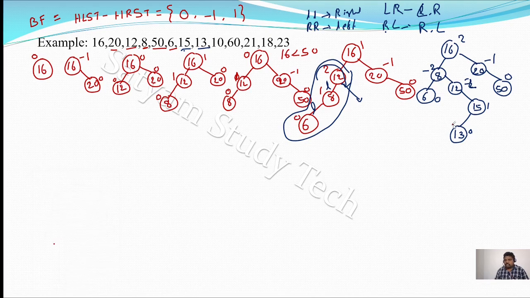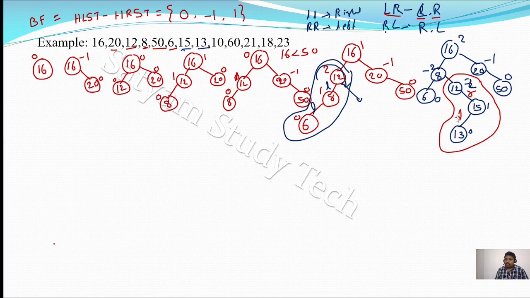It is not balanced, because first you have to solve this problem. What is this problem here? It does not satisfy the balance factor, because here it is a right, here it is a left. So that is RL. RL means we have to perform left rotation first and then right rotation.